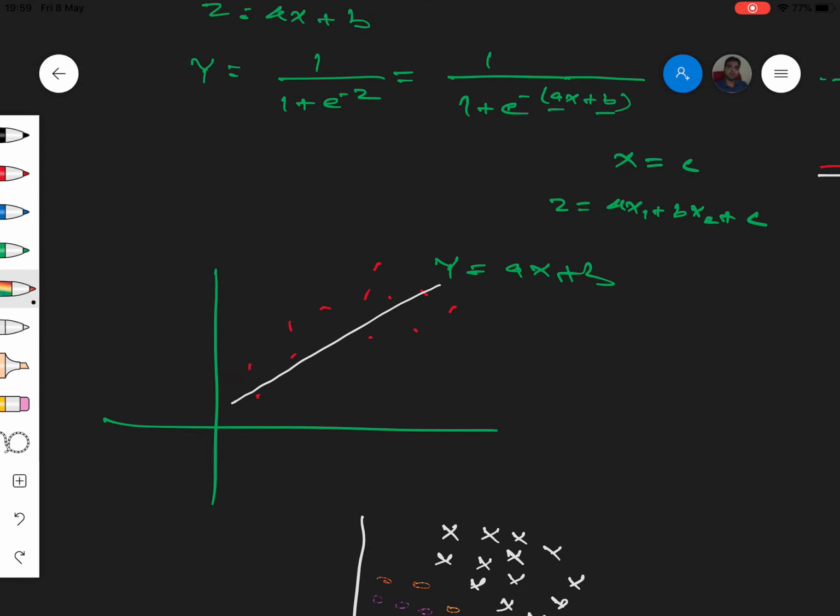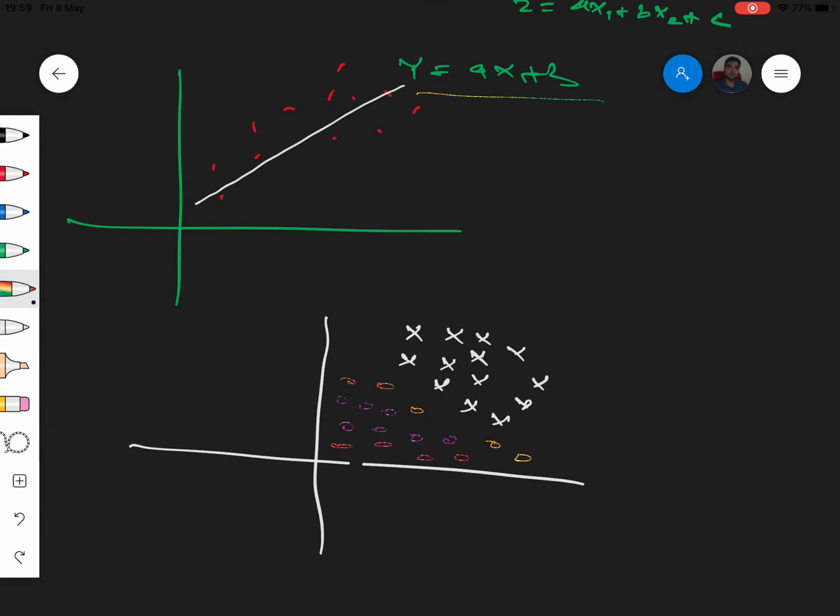When you fit your data in this sigmoid function and after training get optimal values of a and b, you get this straight line y equals ax plus b, and then you can draw this straight line like this. It tells us that if your data falls after this line, then it belongs to a particular class, what you can call class 1, and if the data falls in this region, then the person belongs to class 0, in our example white people or brown people.